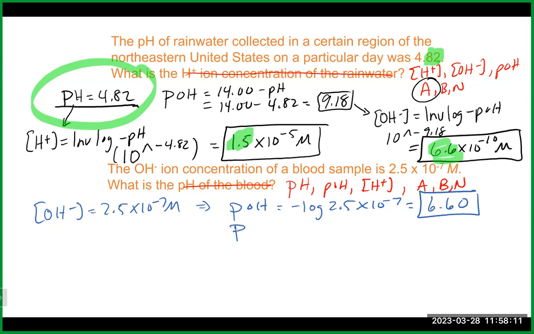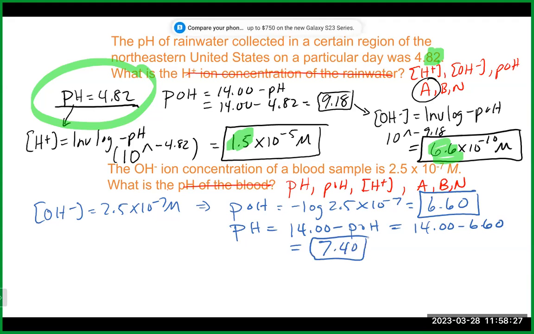Now I could very easily get the pH because it should be 14 minus the pOH. And that would give me 14 minus 6.6. And that would then get me like a 7.40. And really at this point, we have a couple of things we could do.